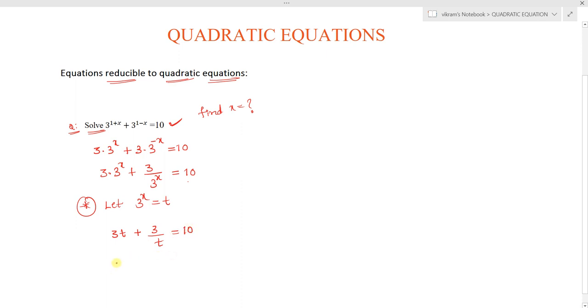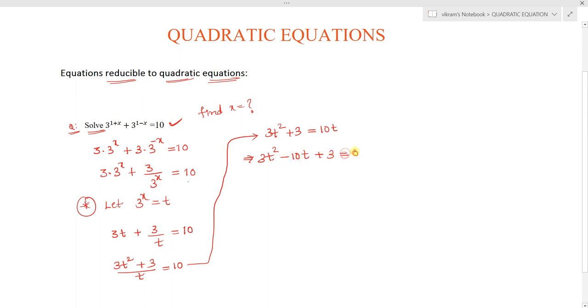If we simplify this, taking LCM as t, we get 3t square plus 3 by t equals 10. Moving across, we can write this as 3t square plus 3 equals 10t, which can be written as 3t square minus 10t plus 3 equals 0.